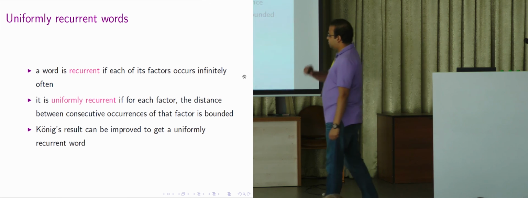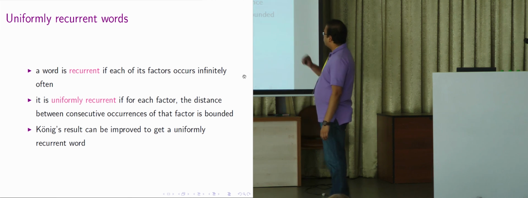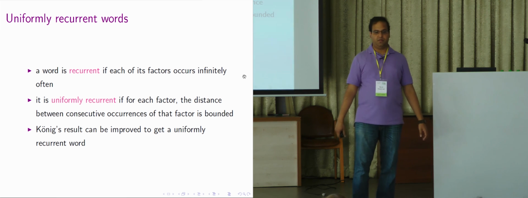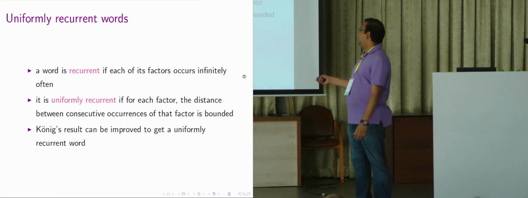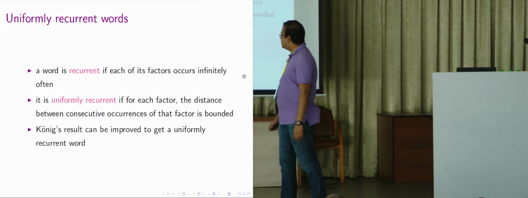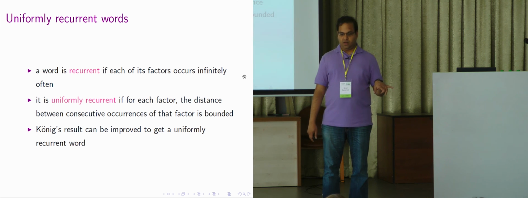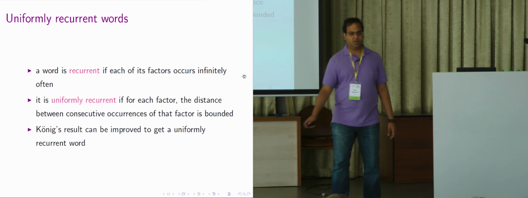A recurrent infinite word is a word where every factor of this word recurs infinitely often. And a word is uniformly recurrent if every factor recurs infinitely often at some bounded distance.